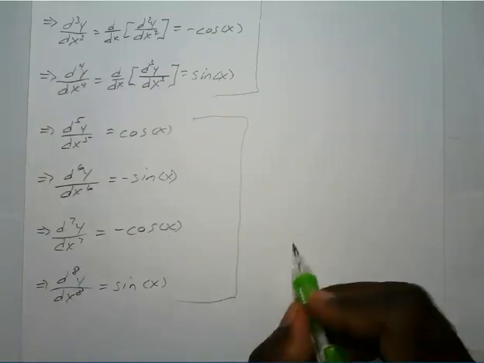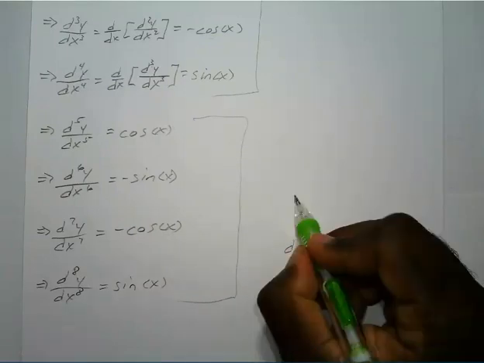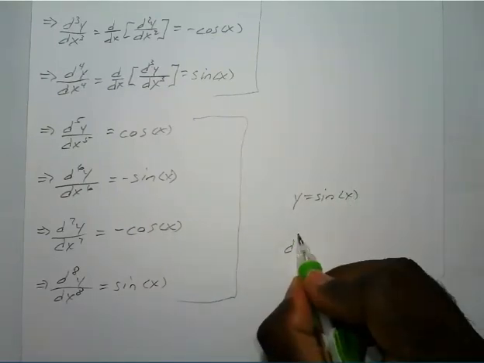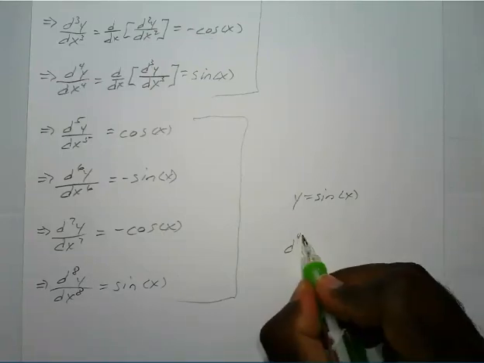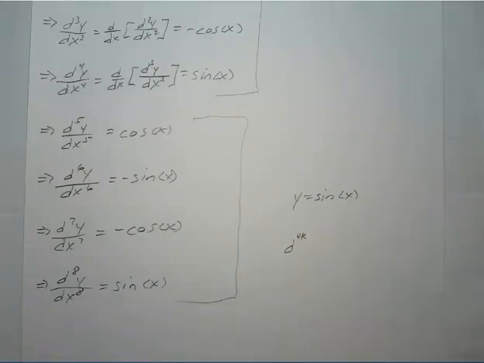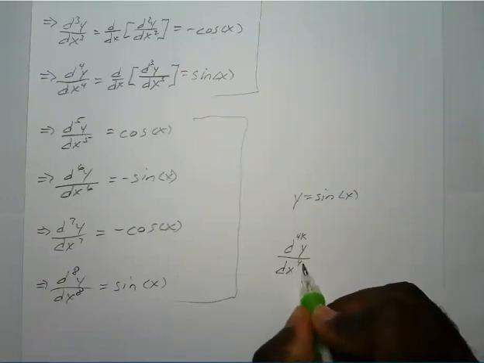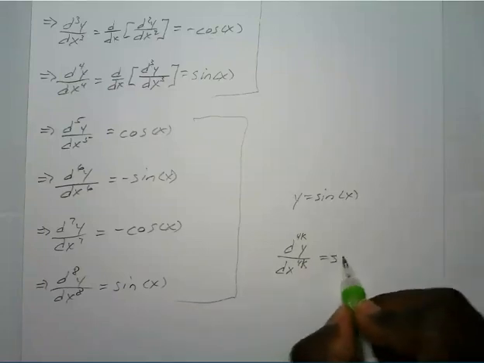So in other words, when y is equal to sine of x, any fourth derivative multiple, let's say 4k, is going to equal sine of x.